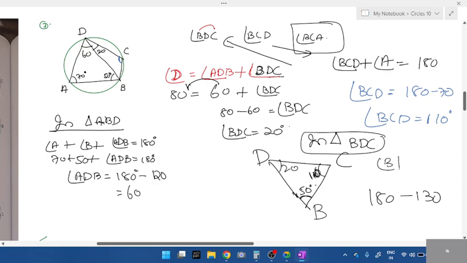You can write angle B plus angle... If you don't want to draw the diagram, you have to mention angle BCD the other way. So if you take out a separate triangle, students, it is understood. If you don't take out this triangle, you have to write CBD plus angle BDC like this.